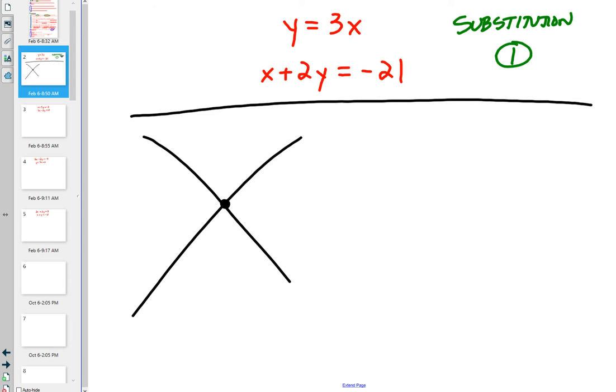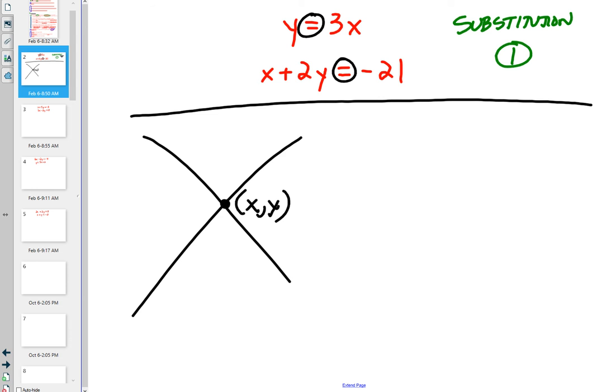Remember how 2 days ago we were looking for the intersection? Well, if 2 lines indeed do intersect at one point, at that one point, both equations share the same x and same y. If we apply that logic here, this is a statement of equality. The first equation says that y is the same as 3x.